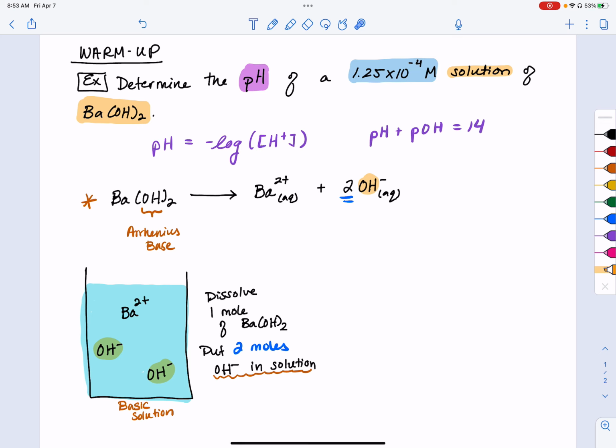So if I look at my barium hydroxide solution, since we're a basic solution, I don't have H plus, but rather I have hydroxide ions. So I can't directly calculate pH because I don't have my concentration H plus, because in the solution there are no H plus ions.